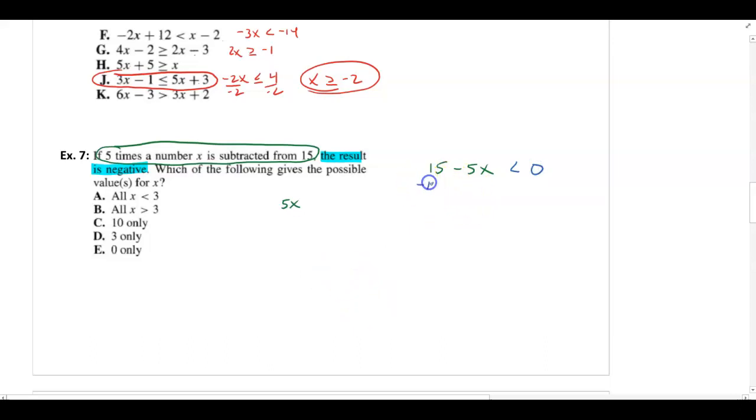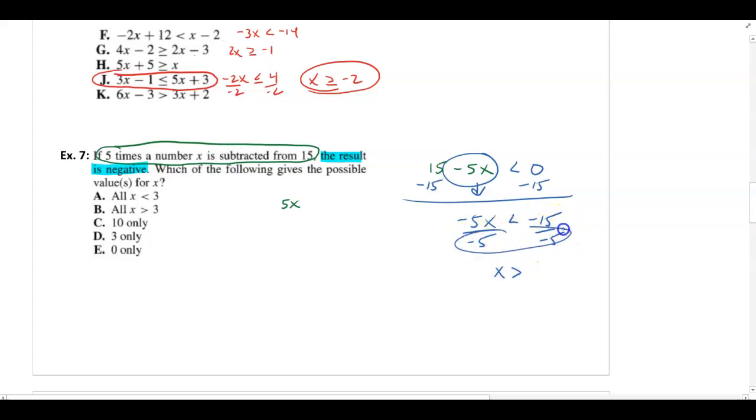So now I'm going to subtract 15 from both sides and solve this inequality. Don't forget to bring down your negative 5x is less than negative 15. Divide by negative 5. X is greater than, I have to flip the inequality here. Negative 15 divided by negative 5 is 3. And if x is greater than 3, that would be letter B.